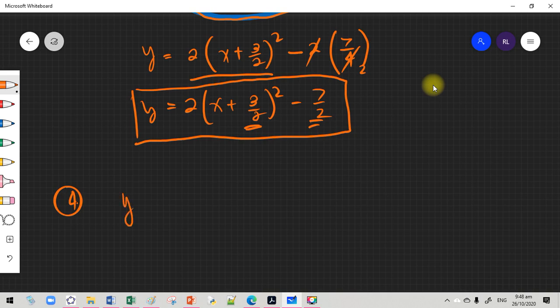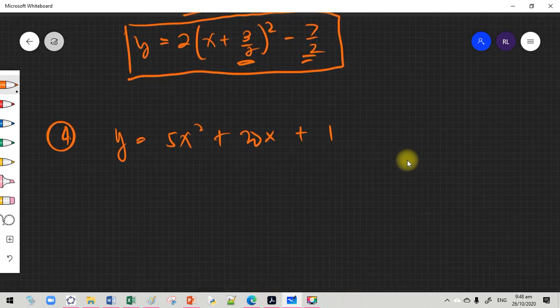Suppose you have y equals 5x squared plus 20x plus 1. So what we're going to do is factor out 5. 20 divided by 5 gives us 4. 1 divided by 5 gives us 1/5.